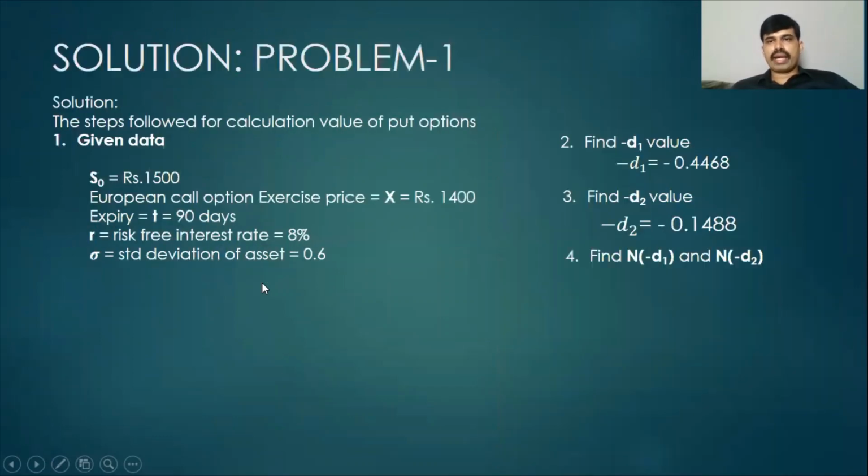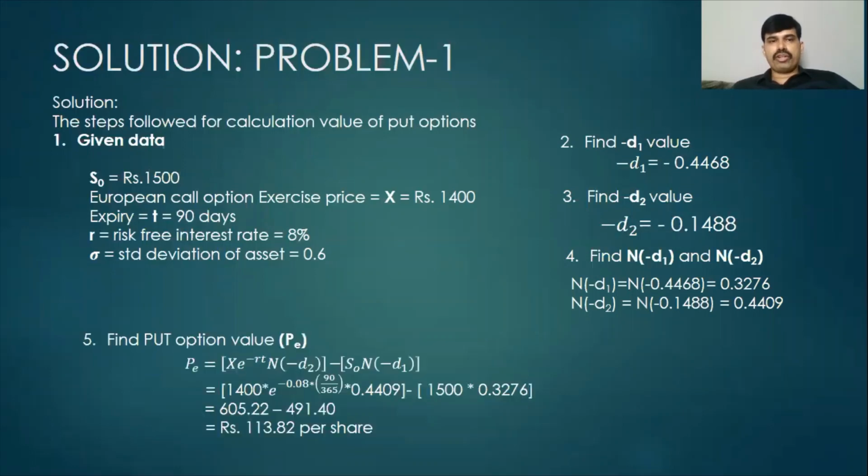So once we have calculated the value of N minus D1 and N minus D2, we can substitute these in the Black-Scholes option model, wherein the value of the put option is nothing but exercise price minus the spot price, where we are considering the discounted value of the exercise price.